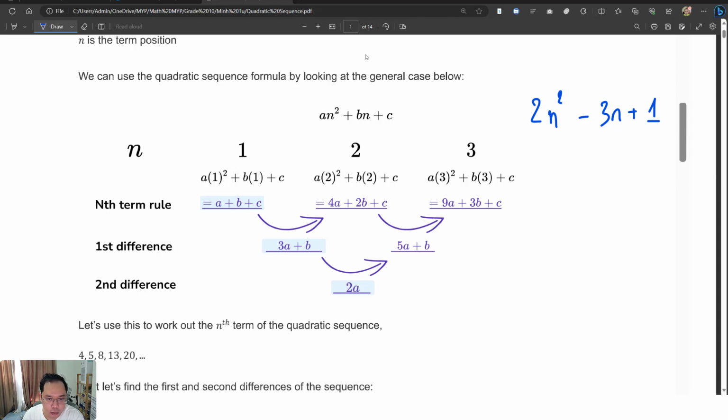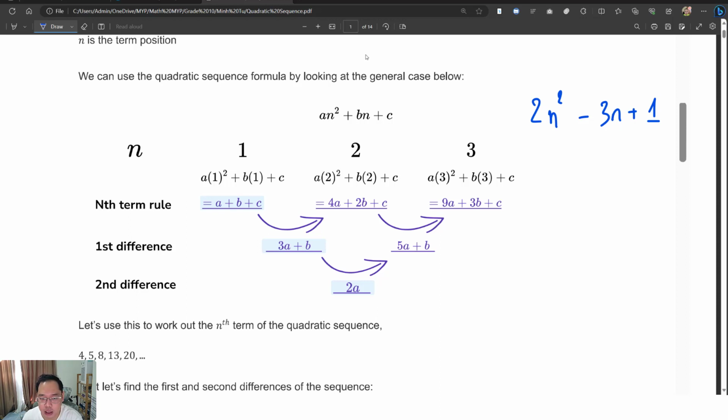The value n in this sequence are integers, consecutively, like 1, 2, and 3. Step by step, we plug in the value n to be 1, 2, and 3. When n is 1, we have a times 1 squared plus b times 1 plus c, so it is equal to a plus b plus c.